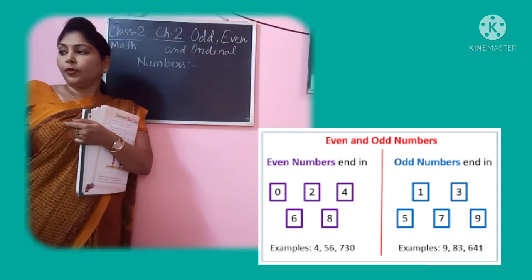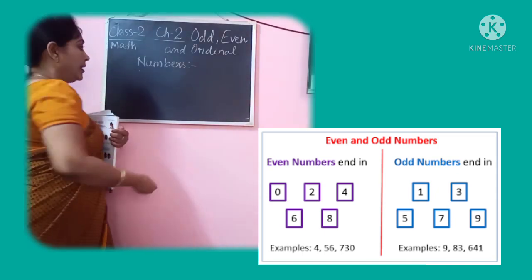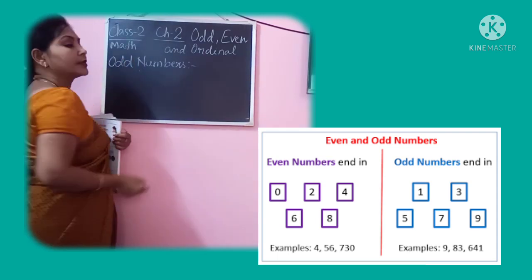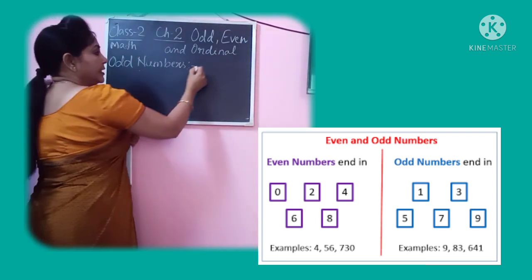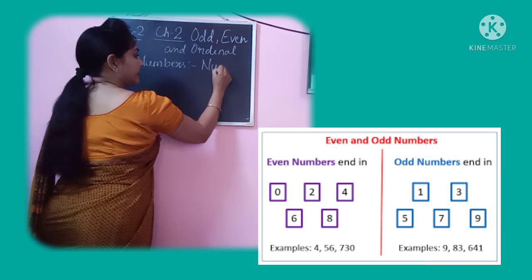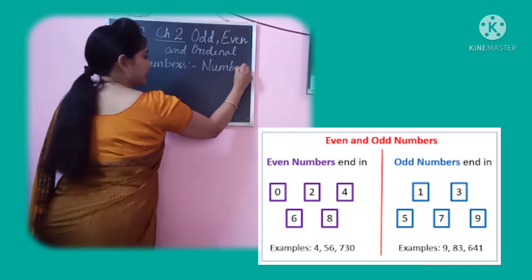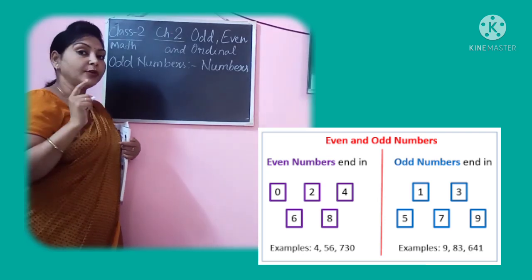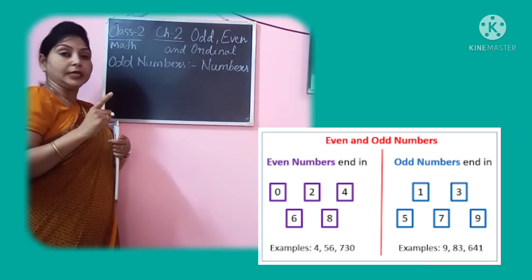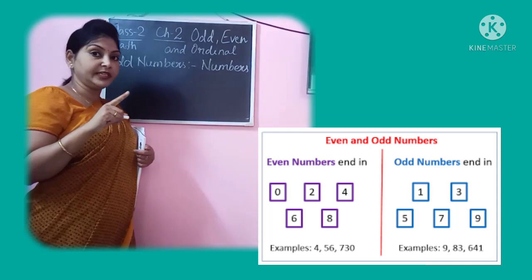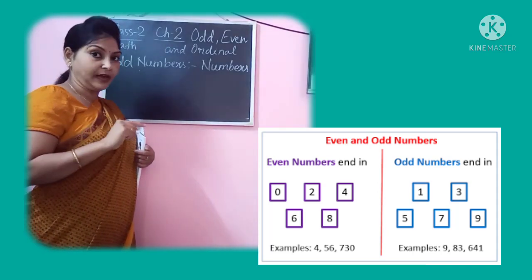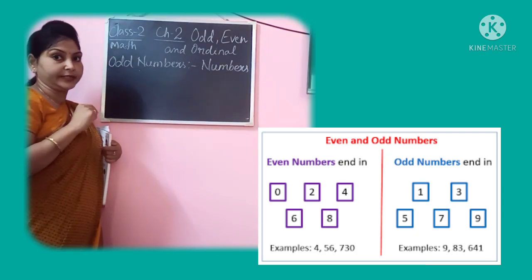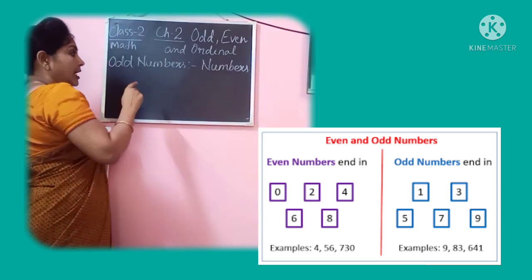Odd numbers are numbers that do not form pairs. They will not make pairs. Like even numbers, we have learned that numbers which make pairs are called even numbers. But odd numbers will not form pairs.